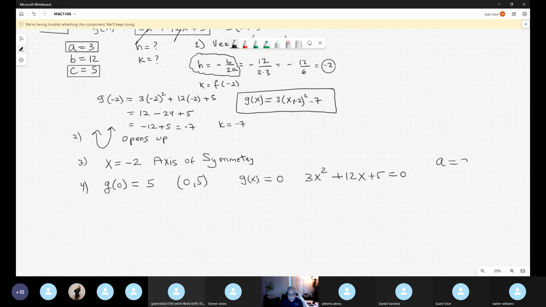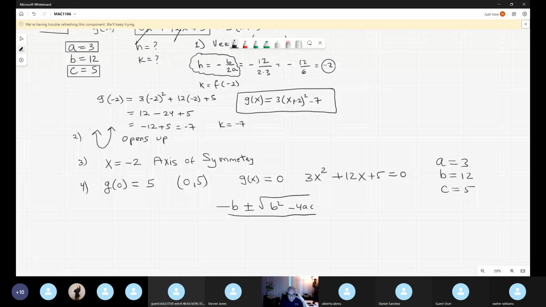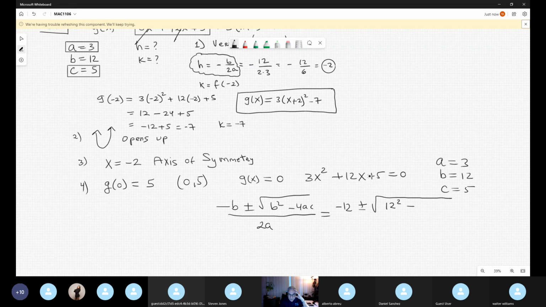I detecting A is 3, B is 12, and C is 5. So now I'm plugging into my famous quadratic formula. Minus B plus or minus square root B squared minus 4AC divided by 2A. Okay, this is minus 12 plus or minus square root 12 squared minus 4 times A get 3, C get 5, and everything divided by 2 times 3.